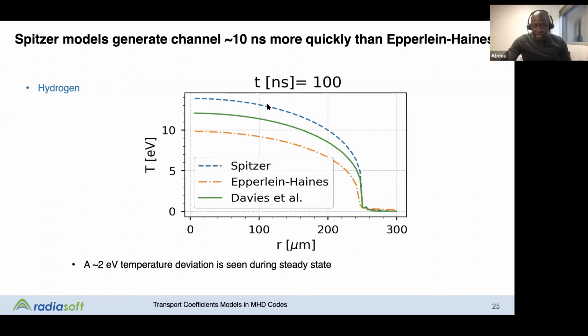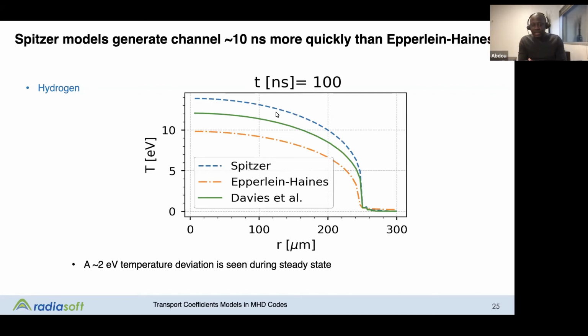The first, in blue, is the Spitzer model. Then I have a plot of Davies and collaborators, which is what we call here the new models. And then you have the Epperlein model. What you can see is almost a 2 eV deviation in the channel. Also note that the Spitzer model generated the channel around 10 nanoseconds more quickly than the Epperlein model.